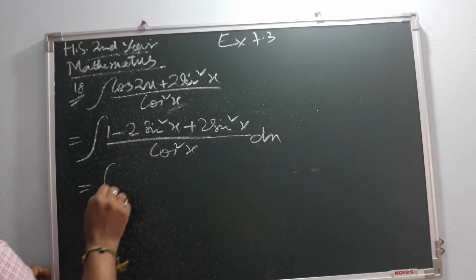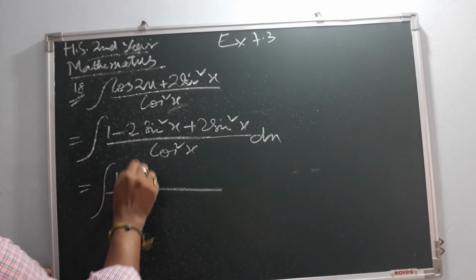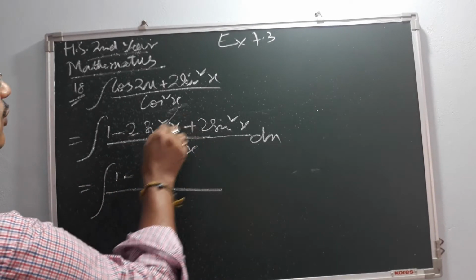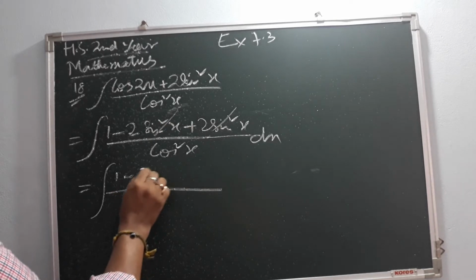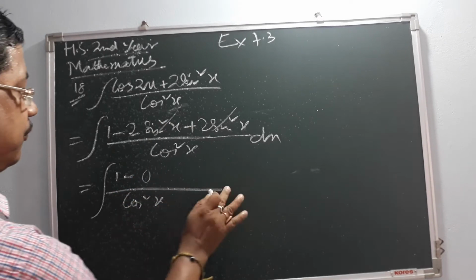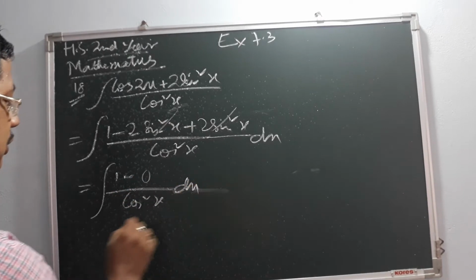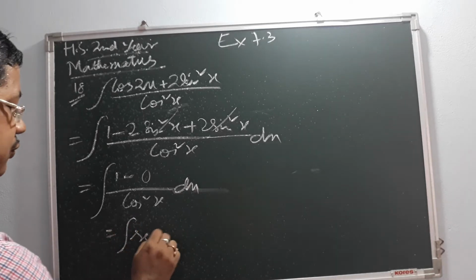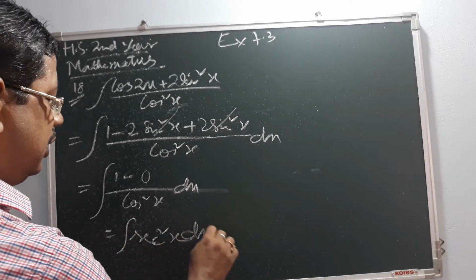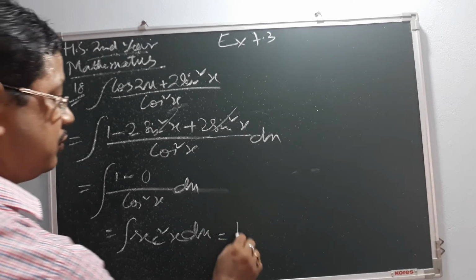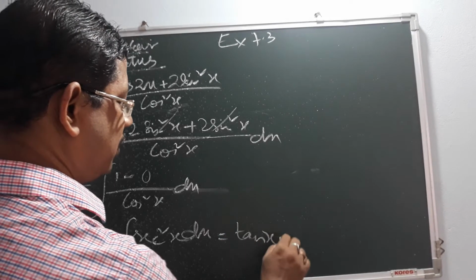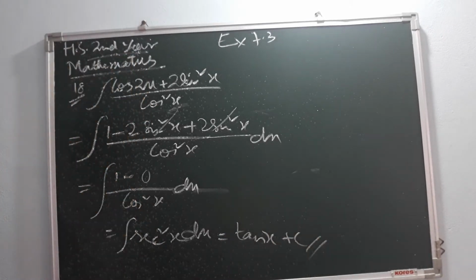These two will cancel, so 1 minus 0 over cos square x dx, so it is the integral of sec square x dx. Integration of sec square x is tan x plus c. So this is our question number 18.